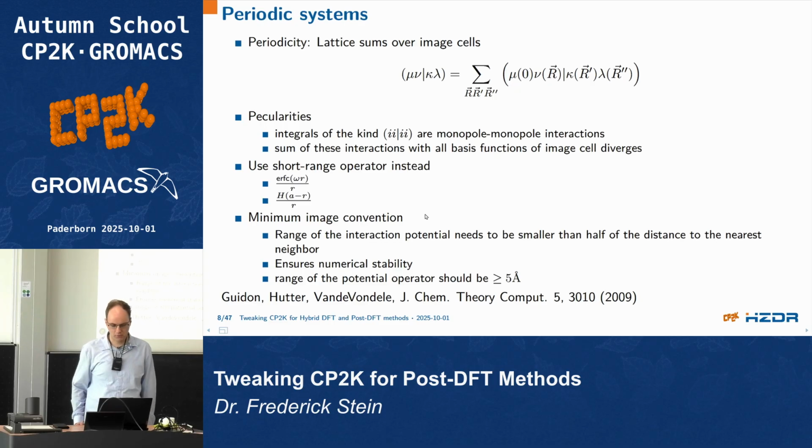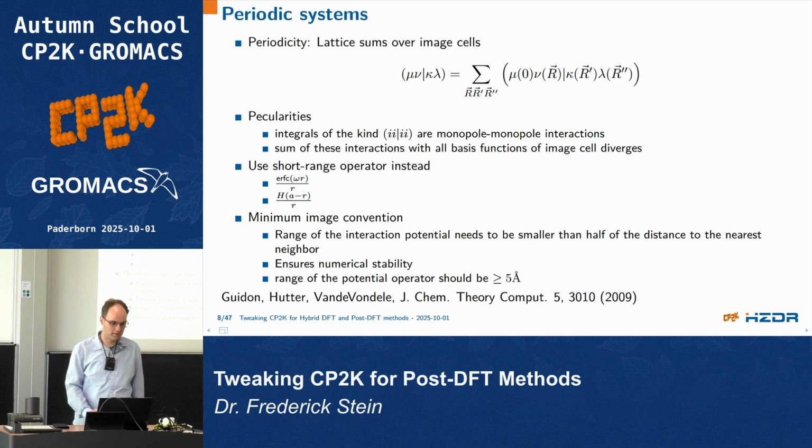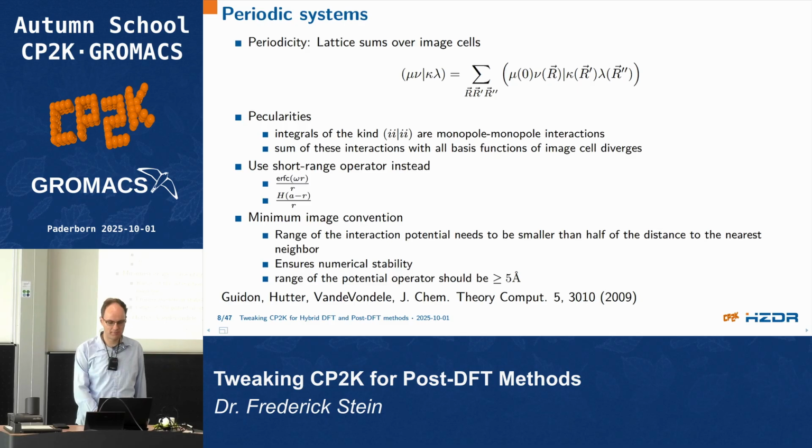Finally, we have to prevent double counting of the interaction potential, and that's why we have to obey the so-called minimum image convention, which means that the range of the interaction potential needs to be smaller than half of the distance to the nearest neighbor. If you have an orthorhombic cell, that's pretty easy to establish because you just need to compare basically half of the lattice parameter.